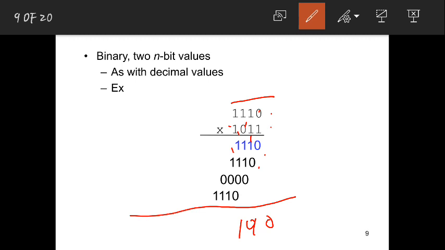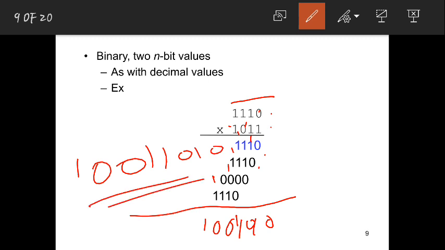Next, 3 ones again in this column, that means 1 with carry 1. Then 2 ones is 0 with carry 1. Again 1 plus 1 is 0 with carry 1. So when you do this, overall your answer is 1 0 0 1 1 0 1 0. This will be your answer.